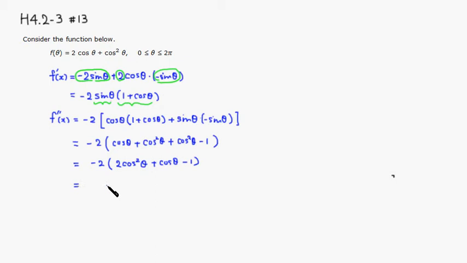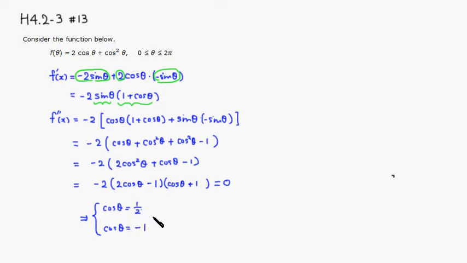I think we can factor this. So it's negative 2 times a 2 cosine theta and a cosine theta, then a plus 1 here and minus 1 here. Then we set this equal to 0, and you will see there are two things we can get. We want cosine of theta to be 1/2, or cosine of theta to be negative 1.